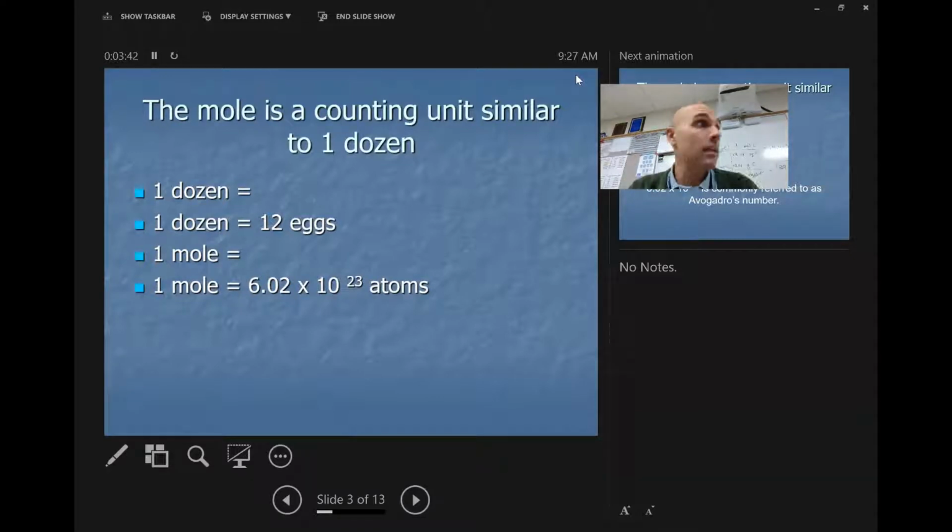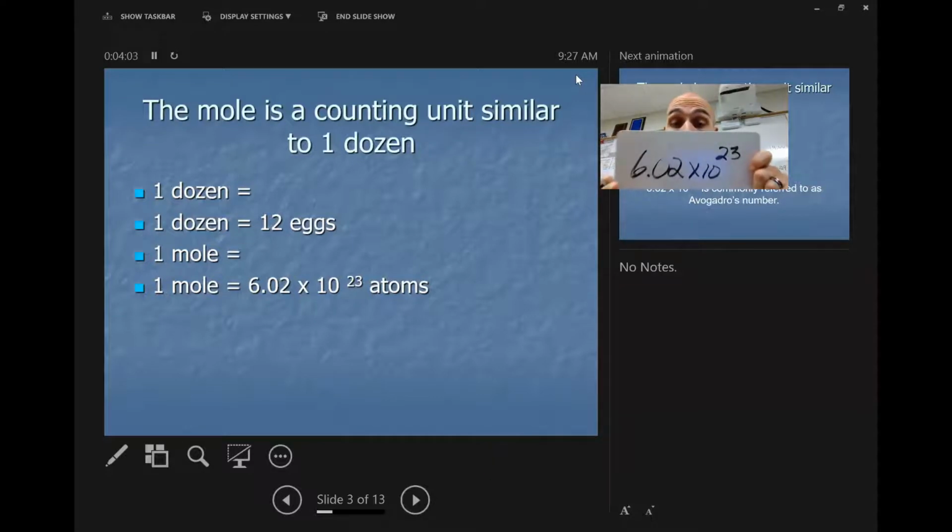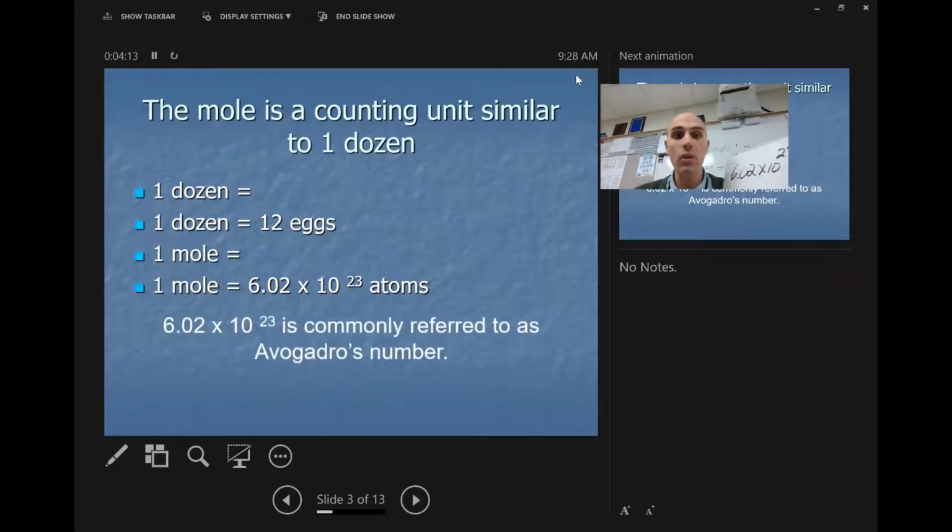So important that I'm going to get a whiteboard, and I'm going to write on that whiteboard 6.02 times 10 to the 23rd. Really, really important. That is referred to as Avogadro's number.